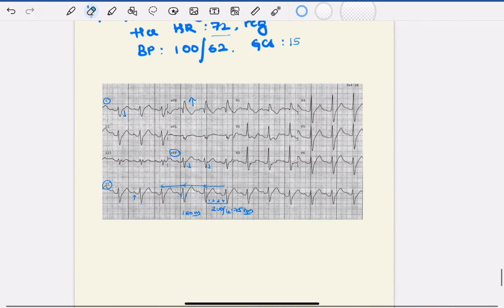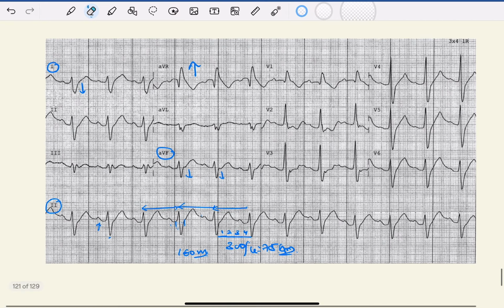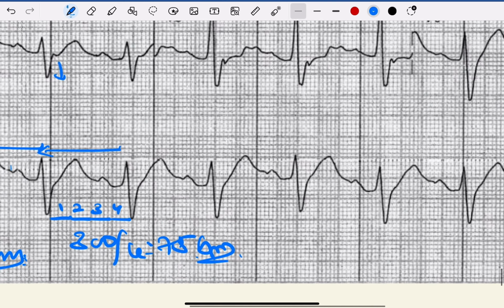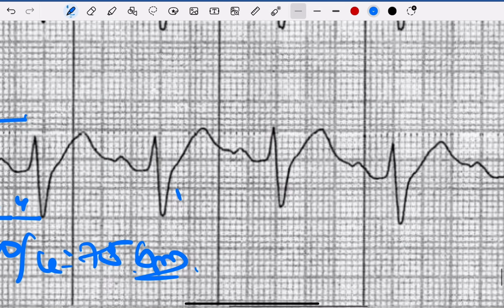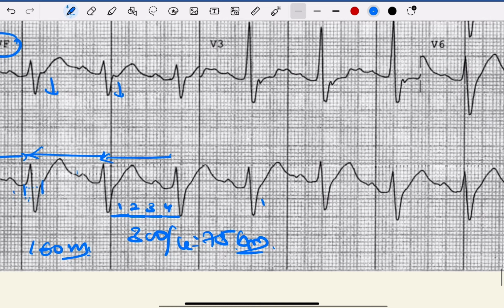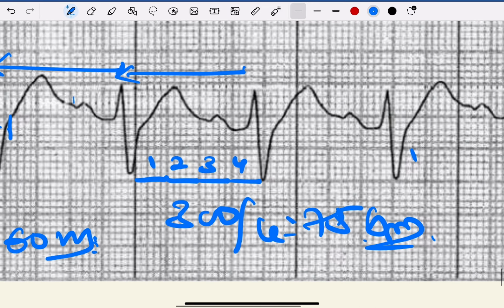Next, there is a predominant R wave in AVR, as I said before, which is an abnormal condition. Next, if you look at the QT interval, what happened to it here?